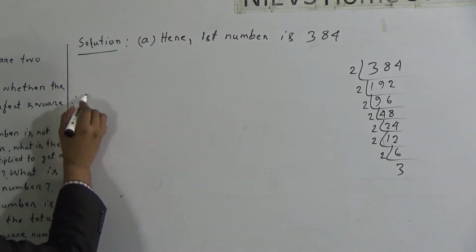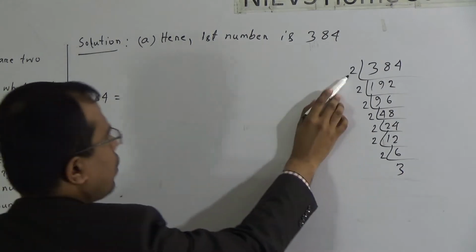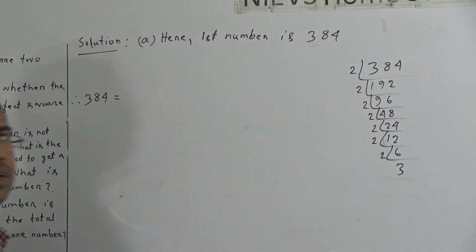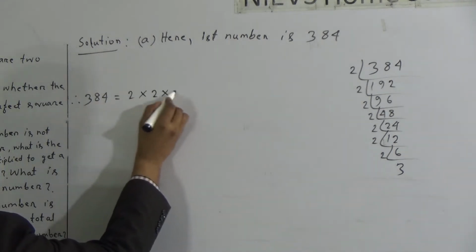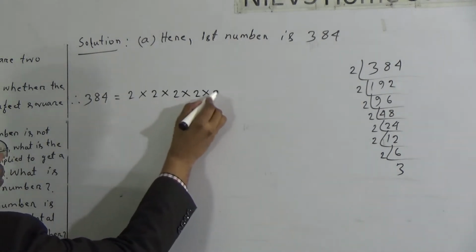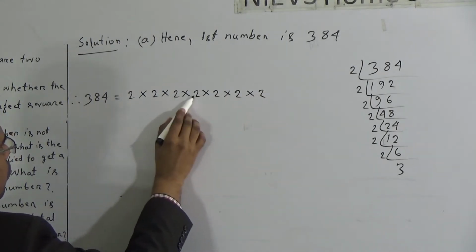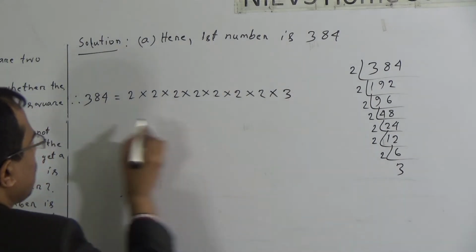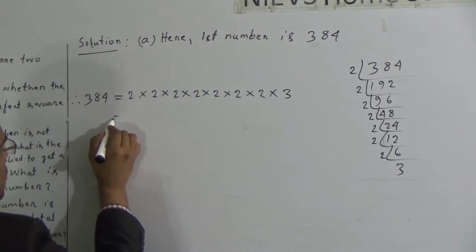Therefore, we can write 384 equal to how many 2s? 1, 2, 3, 4, 5, 6, 7. 7 2s and 1 3. 7 2s we have written. Now 1 3. Now we'll make pairs taking two same numbers.